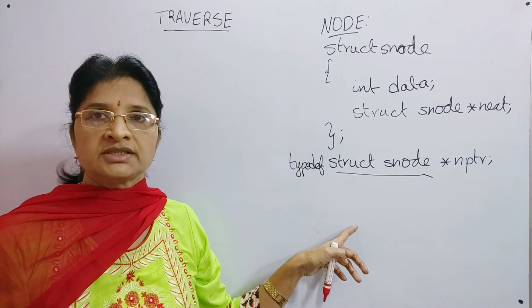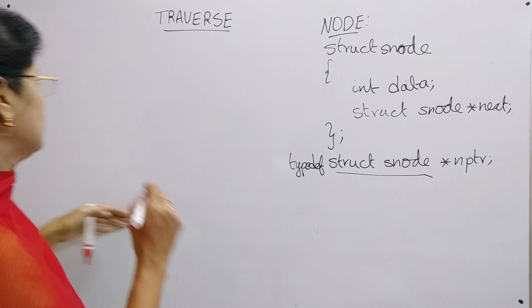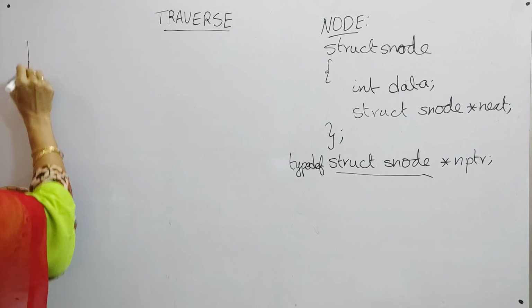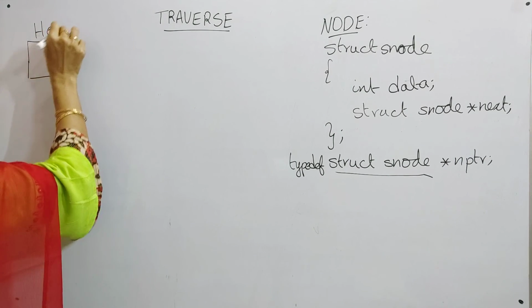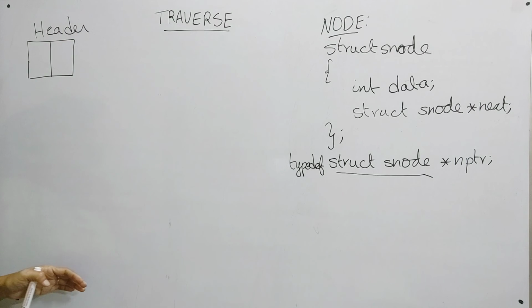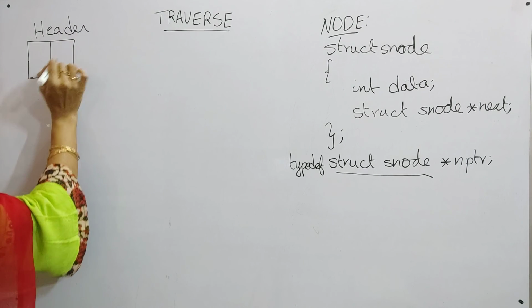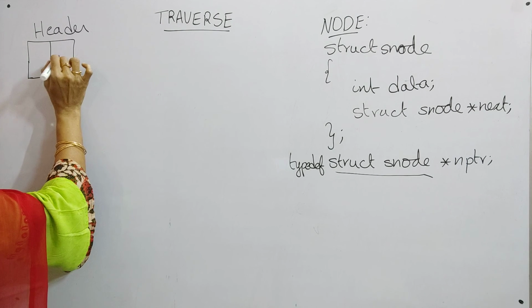Once the node definition is given, first of all we have to create a header. For example, assume that the header is created. If this is the header, at the beginning the header node will have null.